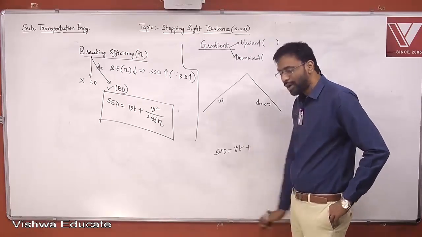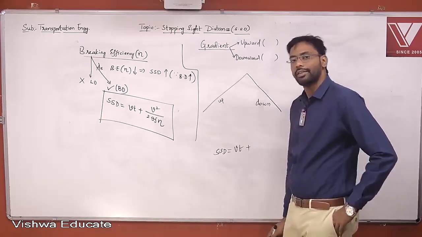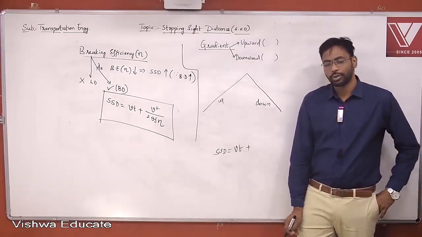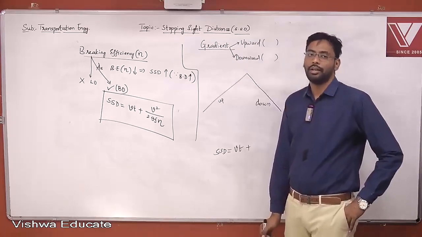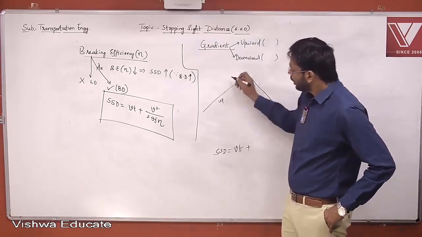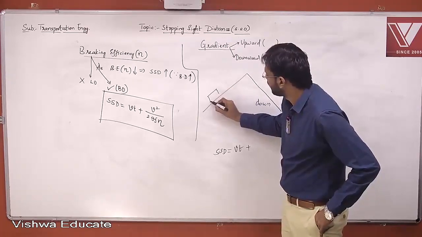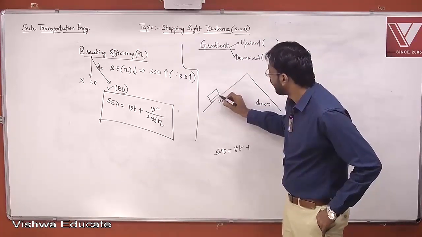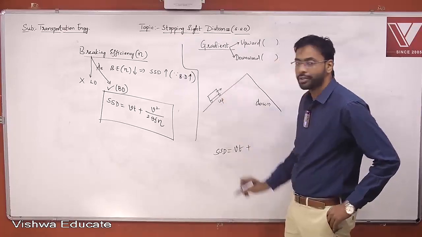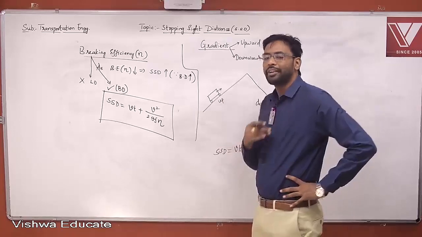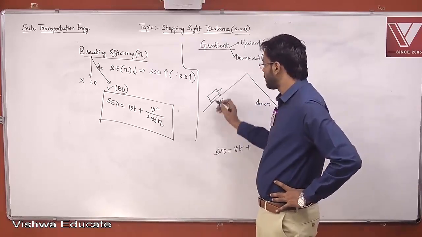Now, what happens to braking distance? Does it have any influence over this? Yes, it has influence. Let us say you're climbing a hill, means you are traveling on an upward gradient, right? So this is your movement. Now, try to mark the various forces on it.